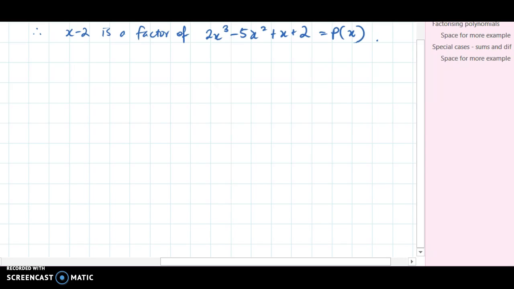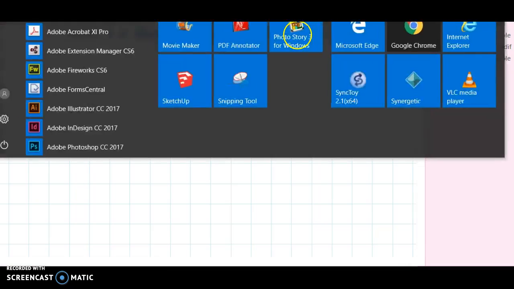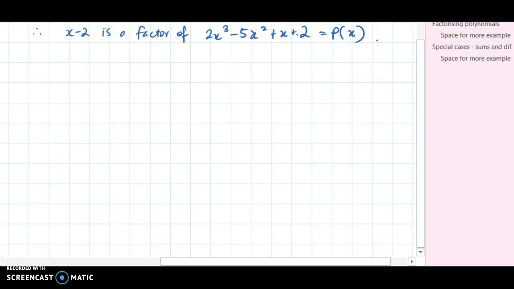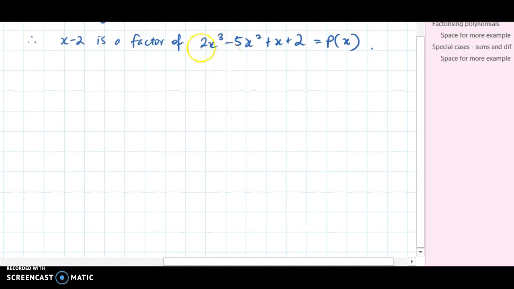My first one is just to try and guess some numbers that'll give me another 0. So if I try sub in x equals 1, then I'll get 2 times 1 cubed minus 5 times 1 squared plus 1 plus 2.